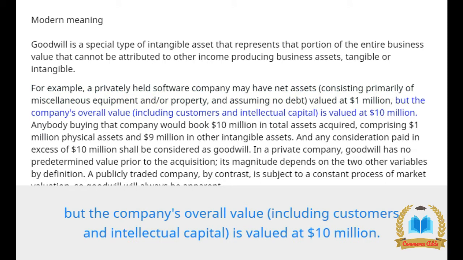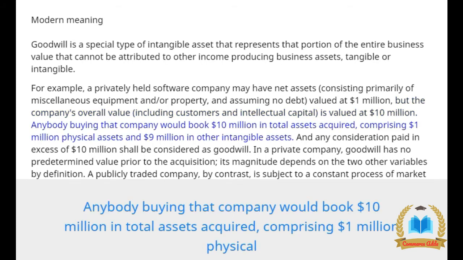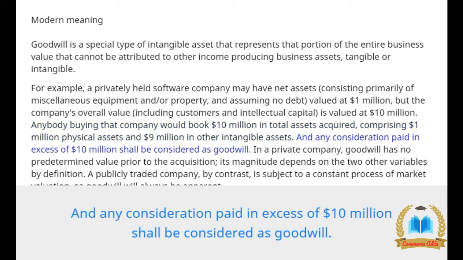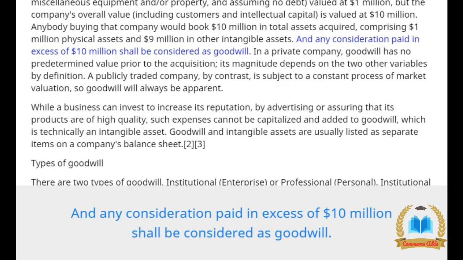But the company's overall value, including customers and intellectual capital, is valued at $10 million. Anybody buying that company would book $10 million in total assets acquired, comprising $1 million physical assets and $9 million in other intangible assets. And any consideration paid in excess of $10 million shall be considered as goodwill.